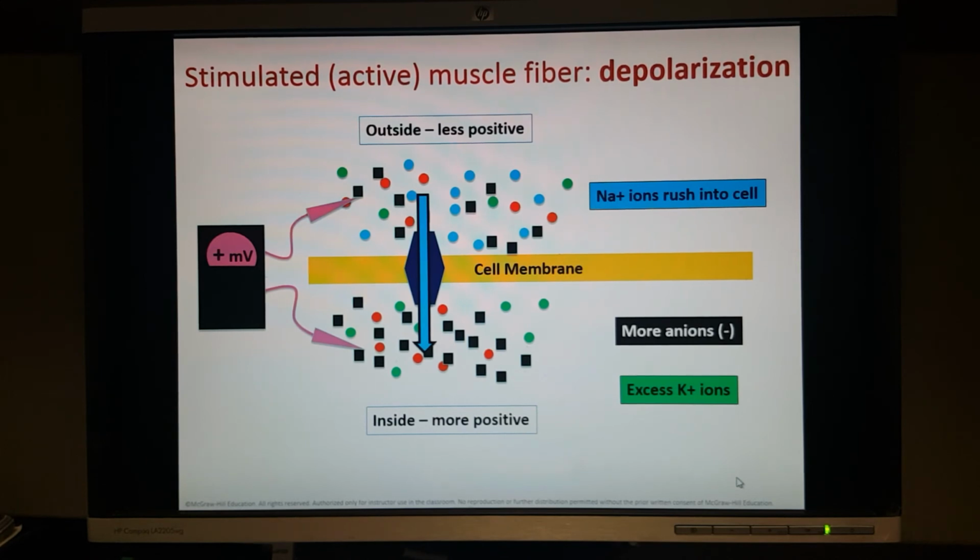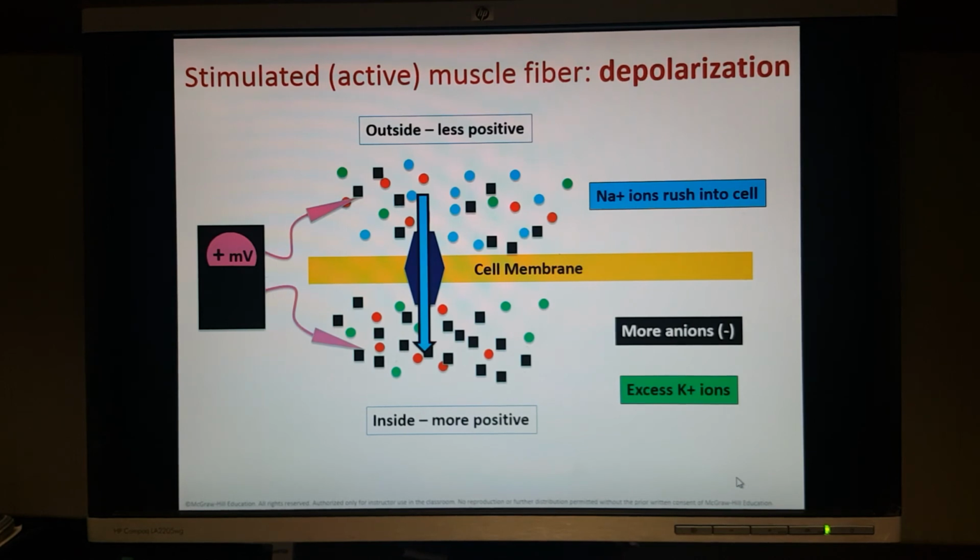When the cell is stimulated, so once that acetylcholine ligand binds to an acetylcholine receptor, your acetylcholine receptor is an ion channel, so it opens up, allowing for the sodium and potassium to go down their concentration gradients. When that happens, there's a slight adjustment in the voltage of the cell.